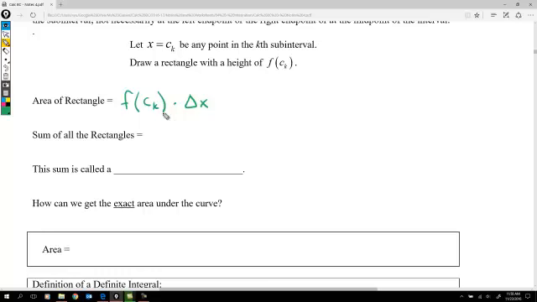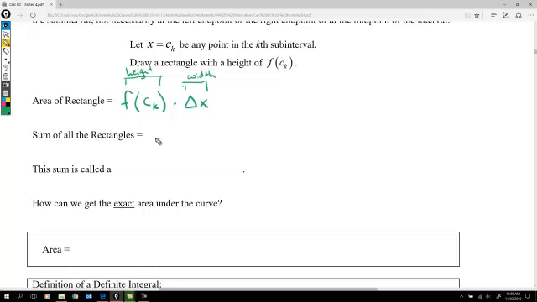All that we define c sub k to be is some x value. So this is just a placeholder. This tells me which x value I'm talking about, like the first, the second, the third, that's it. And f of indicates that this is a y value. So this is like the height of my rectangle. Delta x is just the width of my rectangle. So height times width, or length times width, whatever you want to call it. This is just the area of a rectangle. You've already known how to do that.